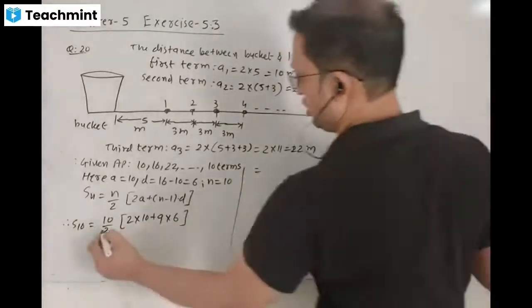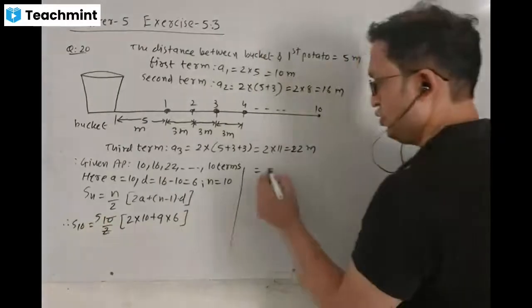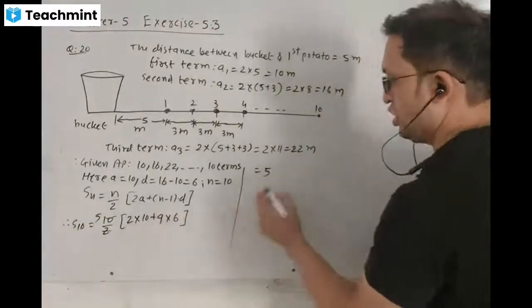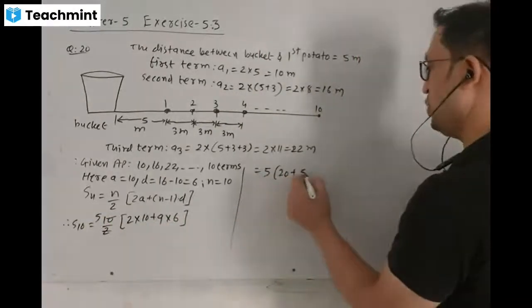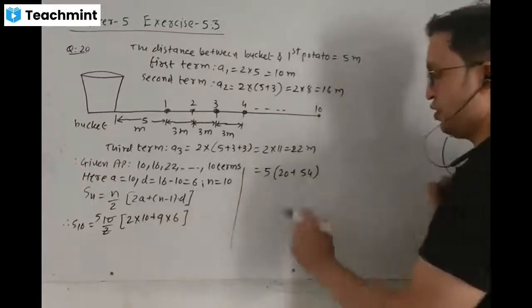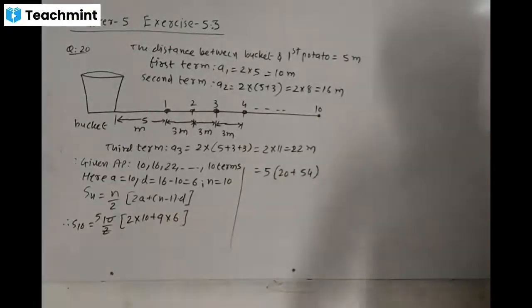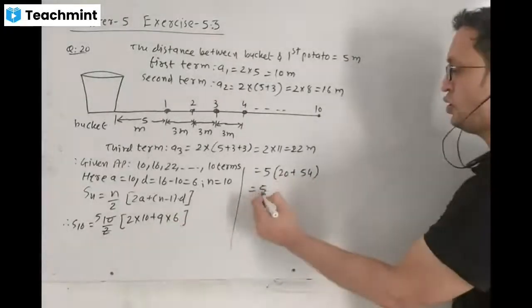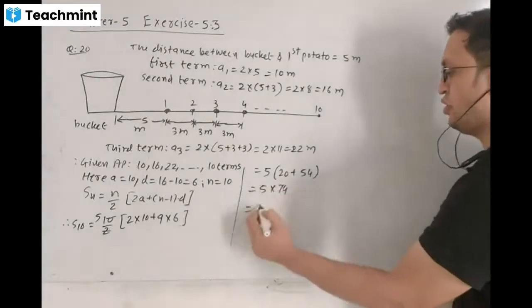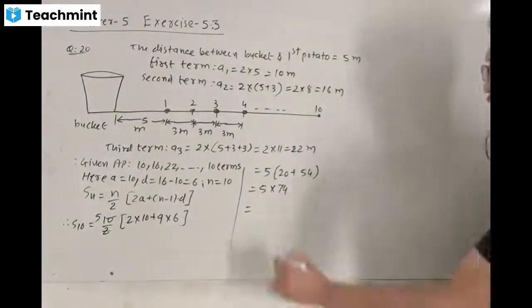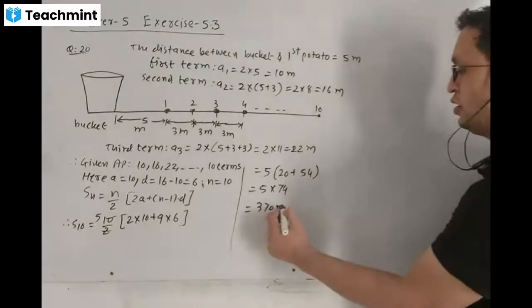Therefore 10 by 2 is equal to 5, 10 2s are 20, plus 9 6s are 54, 20 plus 54 is equal to 74, and 74 into 5 is 370 meter.